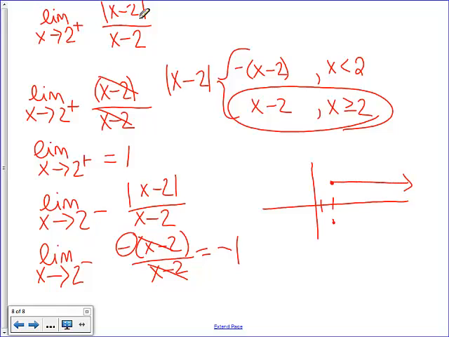Anything less than positive 2 is going to be negative 1. And that is actually just a good graph to know, because on your test next week, I could give you the absolute value of x minus 5 over x minus 5.